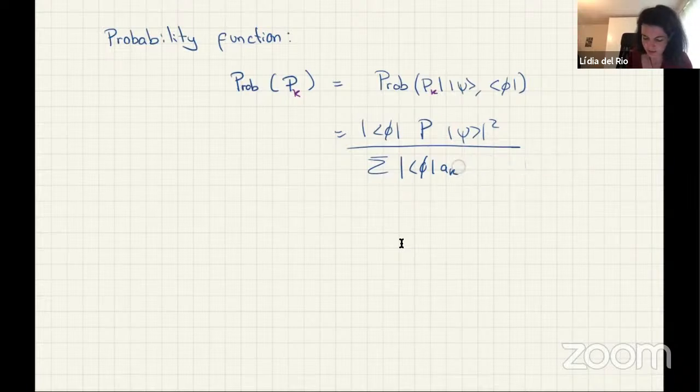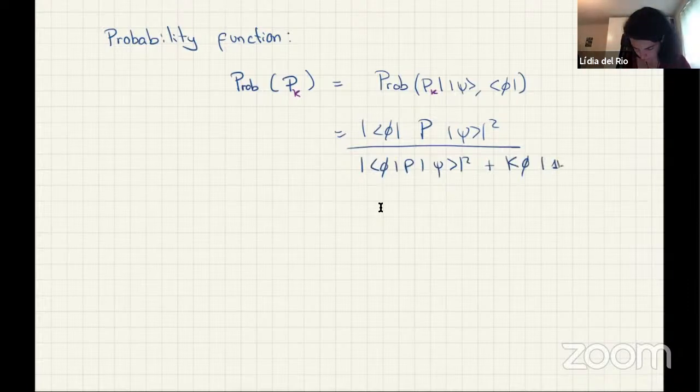So we sum over all measurement outcomes, but there's only two measurement outcomes, right? So it's the P or 1 minus P. So we get, I think let's get back to this later. Yes, no, that's it. Yeah, okay.